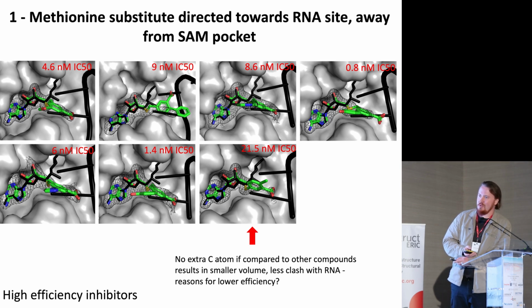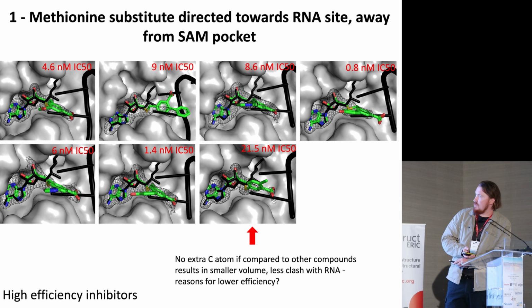However, there might not be very specific interactions, or at least not a predominant mode of interactions, with the RNA substrate site. And as you can see from the IC50 values, all of these compounds are very potent. Some even have sub-nanomolar IC50 values. So these are very high efficiency inhibitors.